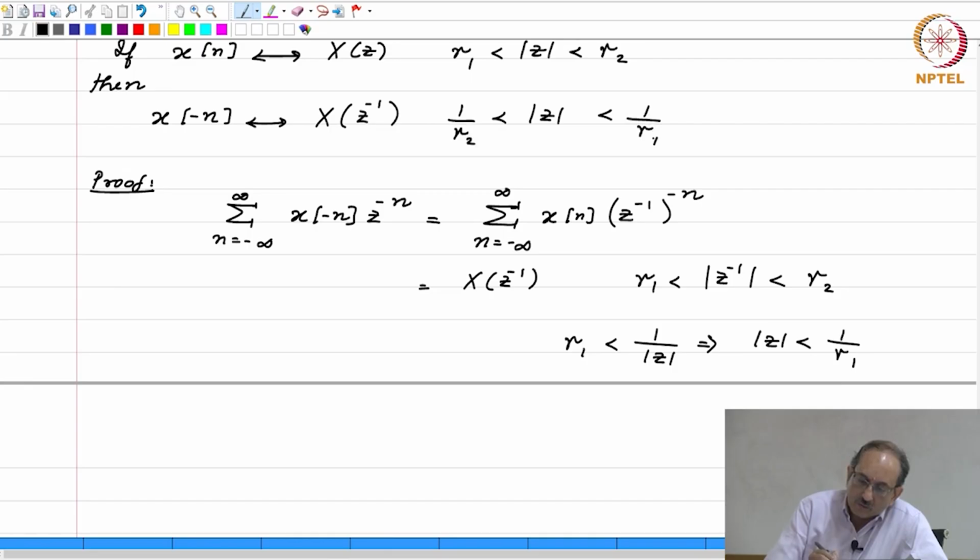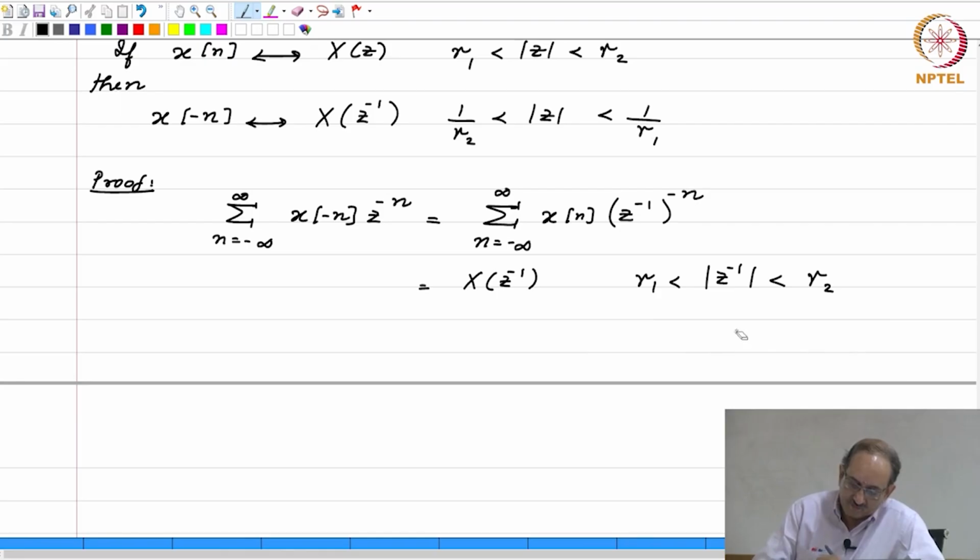Yeah, thank you. The ROC should always be of the form mod z between two quantities. You are right. Therefore, this is now 1 by R2 less than mod z less than 1 by R1. Okay, now it's correct.